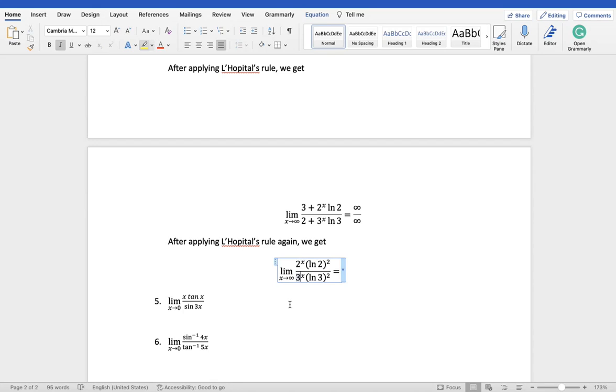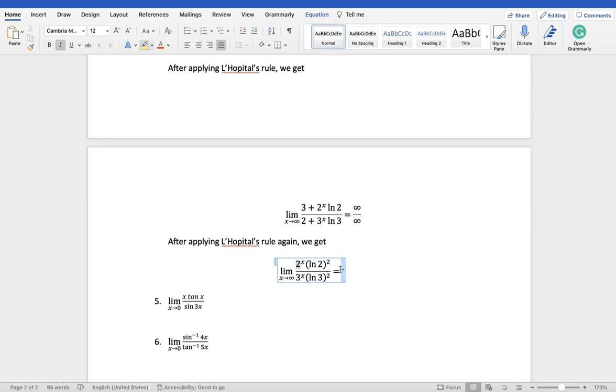The numerator will be smaller than the denominator. Right? So you can clearly see as you go higher and higher in values of x, 2 to the x will be smaller than 3 to the x. We can leave out the ln 2 squared and the ln 3 squared first. We're just looking at the terms in x. So 2 to the x will be smaller than 3 to the x.